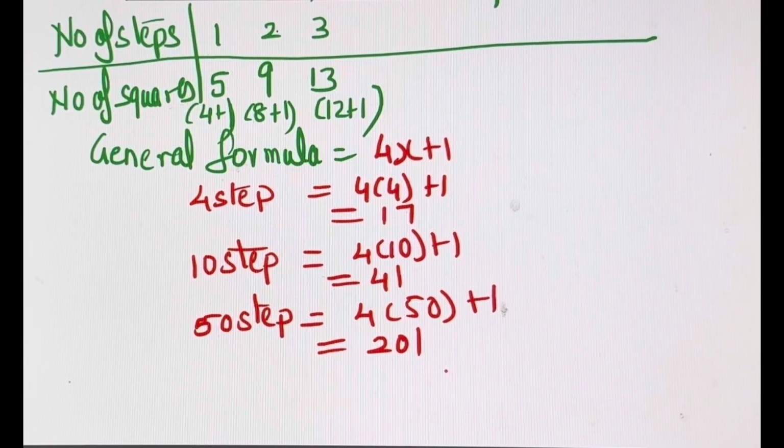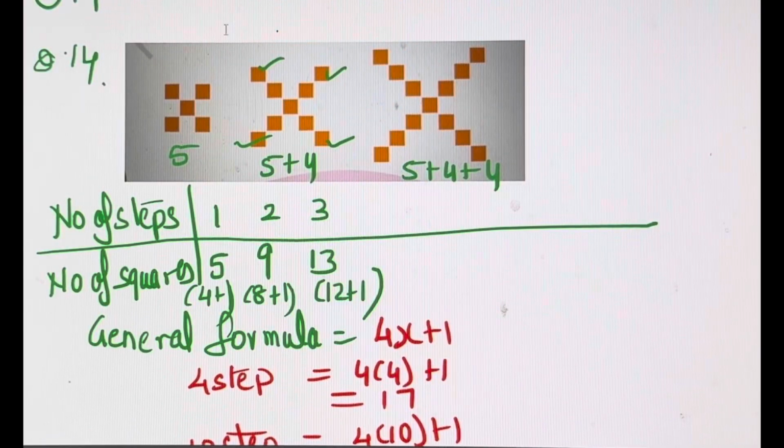So this was one question, one part of the question. And this we were talking about the number of squares. Now their second part was the vertices. So first step has 5 squares and each square has 1, 2, 3, 4 vertices, means the corners, right?